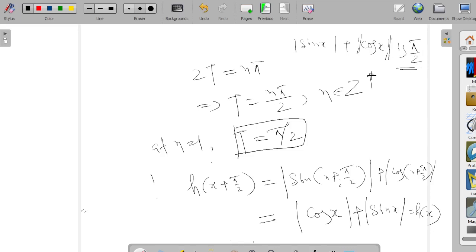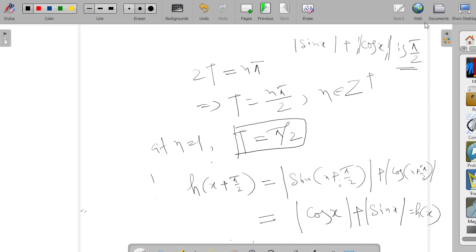So we conclude that f(x) and g(x) have the same period pi, but it doesn't guarantee that f(x) plus g(x) should have the fundamental period pi also. The period of mod sin x plus mod cos x is pi by 2 and not pi.